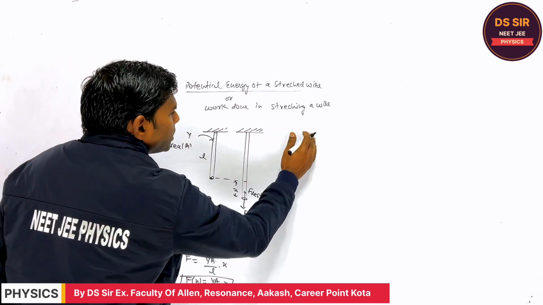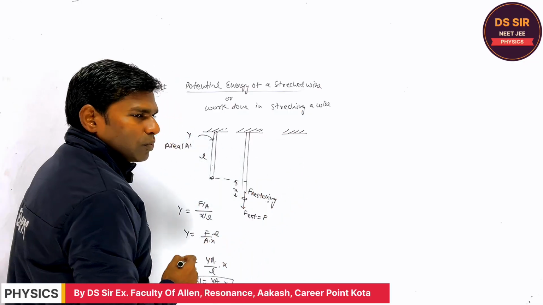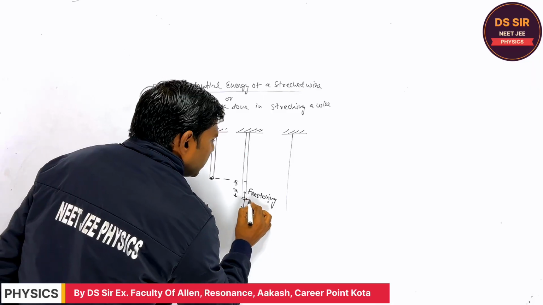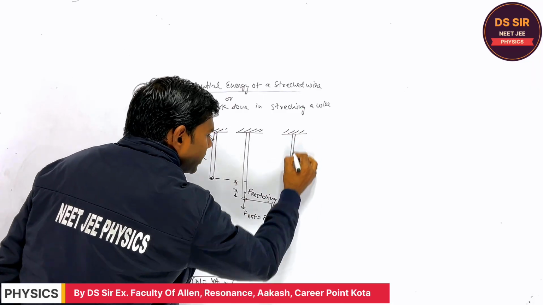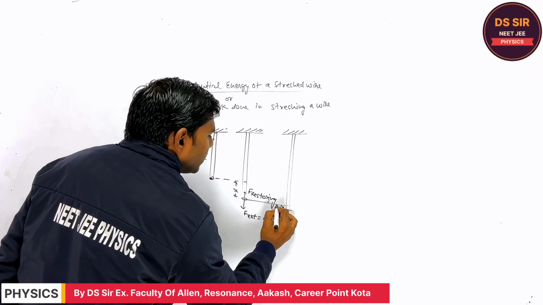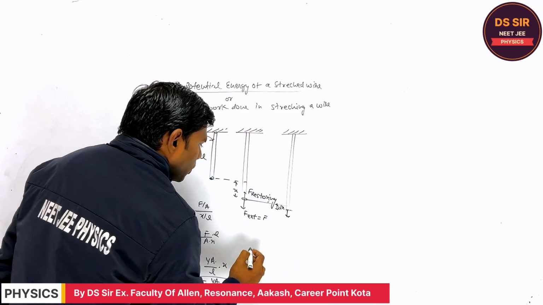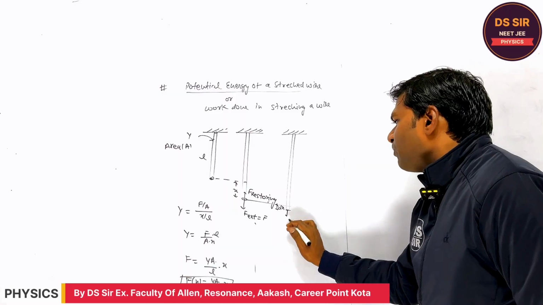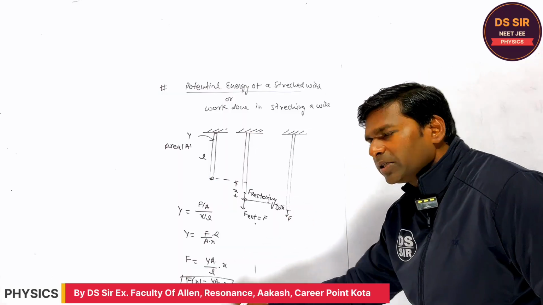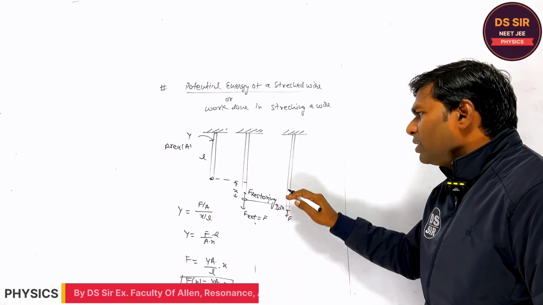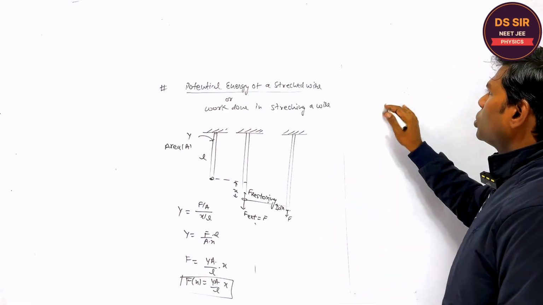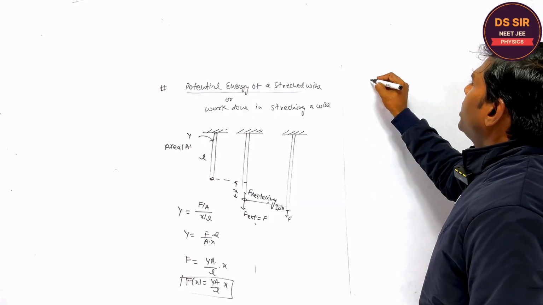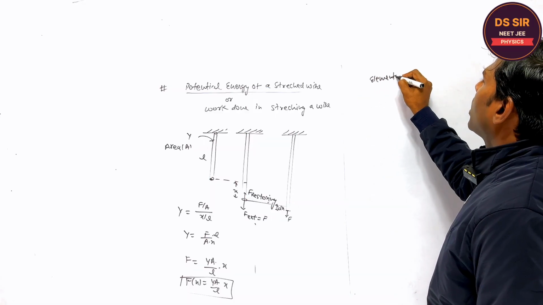Therefore, suppose you want to further increment by dx in this length. This is the force at this position, and the further increment is dx. So what is the elemental work? Tell me.